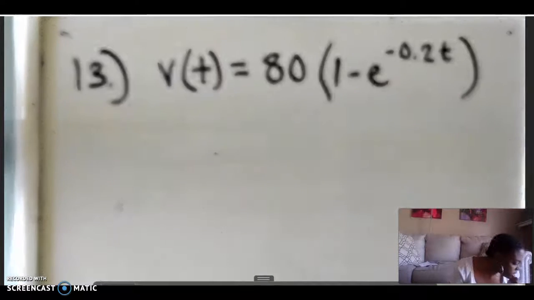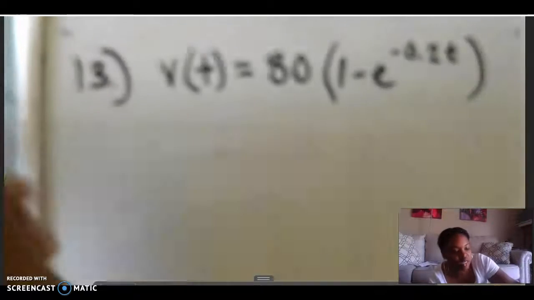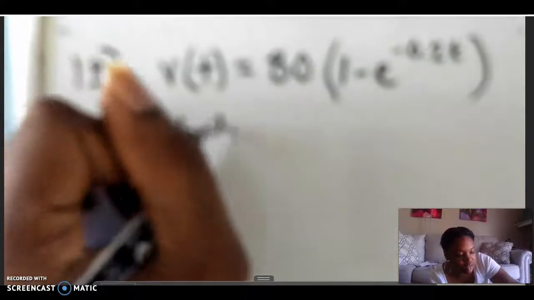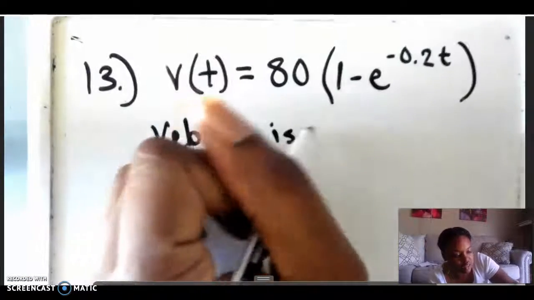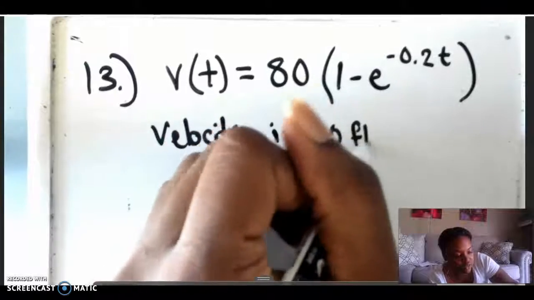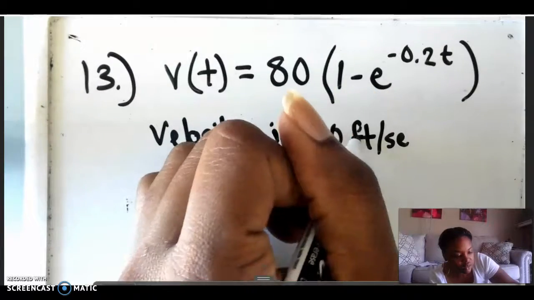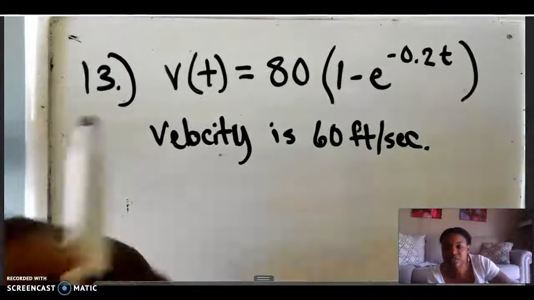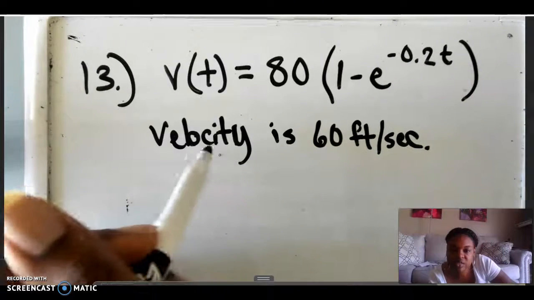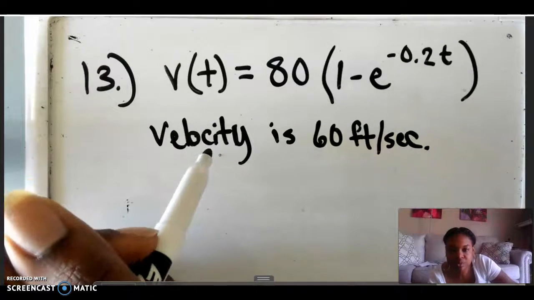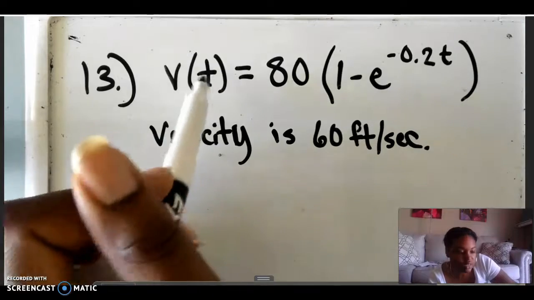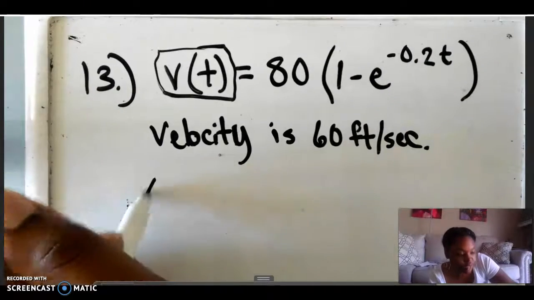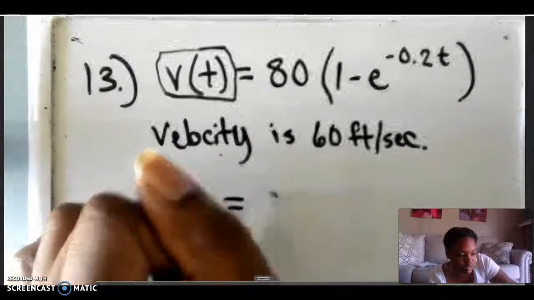They tell us what happens if the velocity is 60 feet per second. So if it's 60 feet per second, they're giving us a velocity. What represents the velocity? Well, they tell us that this v of t does. So that means we can replace that with 60.